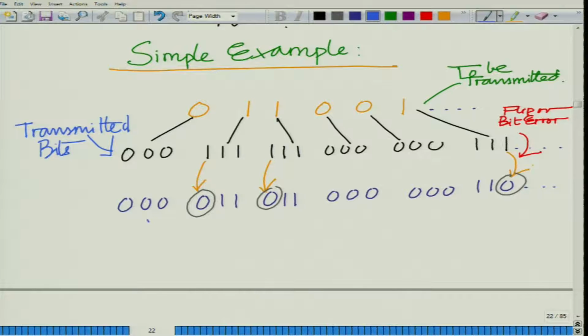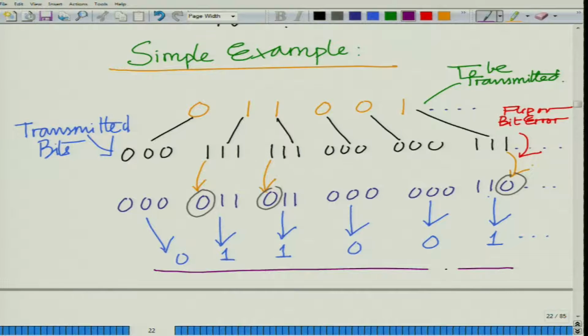Then 0 1 1, 2 bits are 1, so this will be 1. 0 1 1, again this will be 1. 0 0 0, again this will be 0. 0 0 0, no question, this is 0. 1 1 0, majority is 1, so this is a 1. So this is our reconstructed sequence.